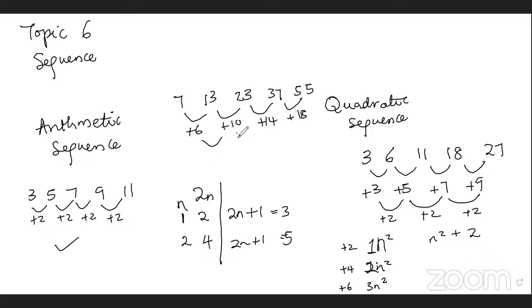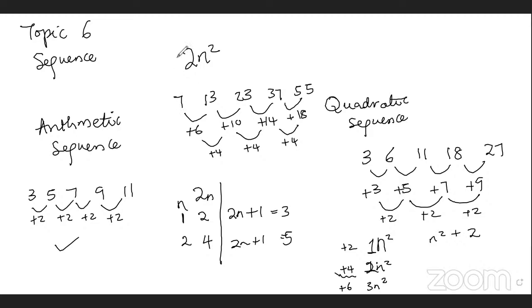And then when you do the second difference, you find it's adding 4 each time. So then you know it's going to be 2n squared this time because it's adding 4. Then you make the comparison.